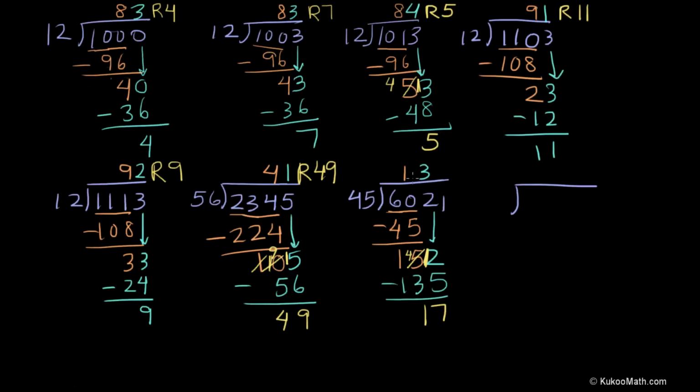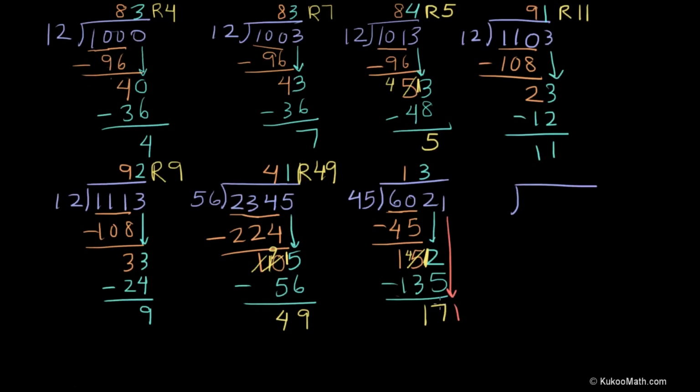This is why it's important to write your numbers in the right position in your answer on top of the original problem, because otherwise you lose track of where exactly you are and how many digits you are. So 17 is less than 45, but we still have one more number to bring down. So we're going to bring down the 1, and we get 171.